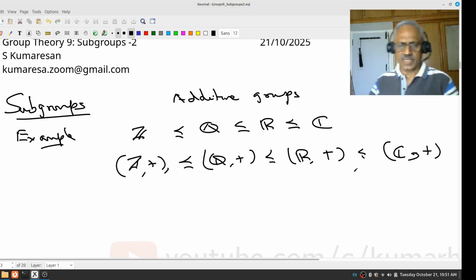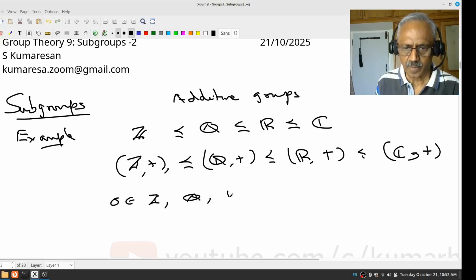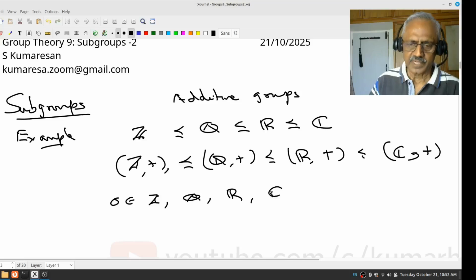This is a standard example because we take any two rational numbers and add. First notice that 0 belongs to each of them, the additive identity.